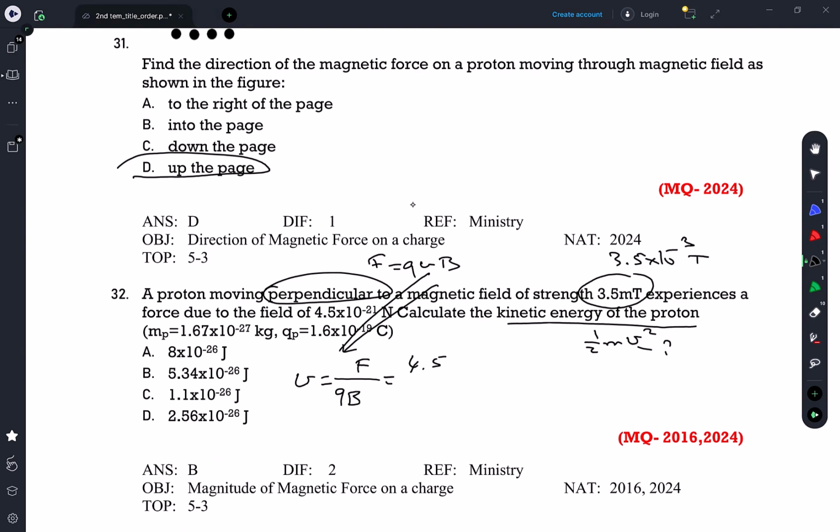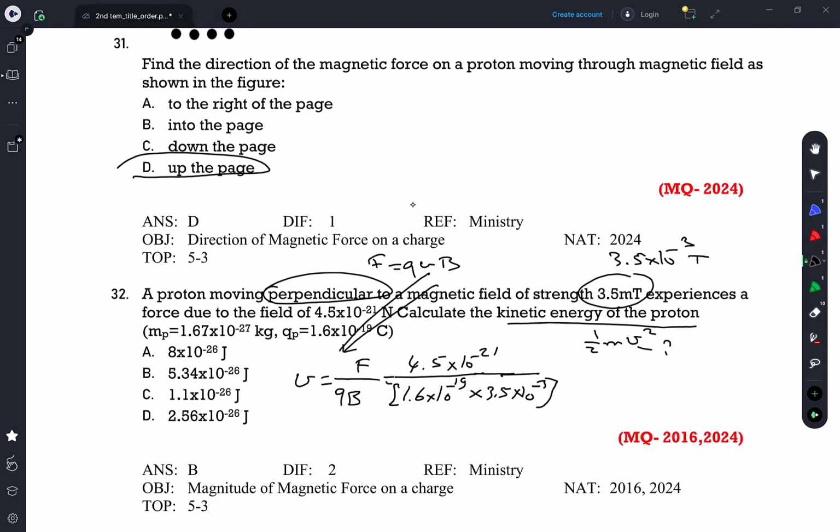4.5 times 10 to the power of negative 21, divided by Q, the charge of the proton, 1.6 times 10 to the power of negative 19. B is given as 3.5 millitesla, 3.5 times 10 to the power of negative 3. Use your calculator: 4.5 times 10 to the power of negative 21 divided by bracket 1.6 times 10 to the power of negative 19 times 3.5 times 10 to the power of negative 3, close the bracket.